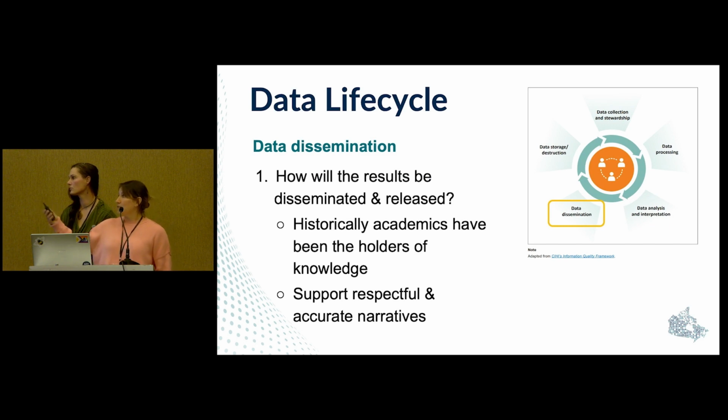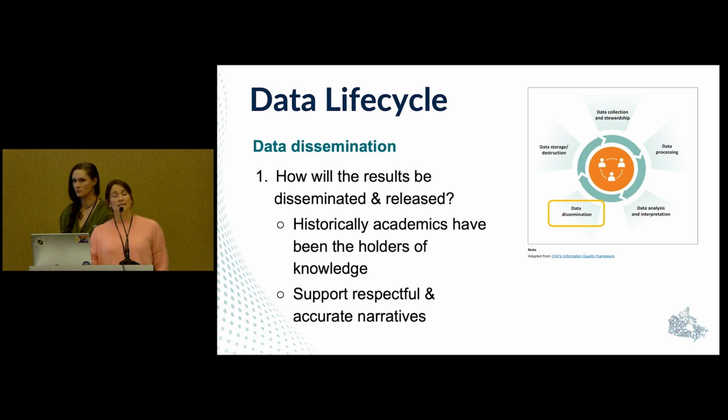So this was talking about data dissemination. Also having a process in place when you are releasing that data to make sure you have engagement and partnership to consider how patients are being represented, how we are releasing the information, and whether there is an approval process in place.